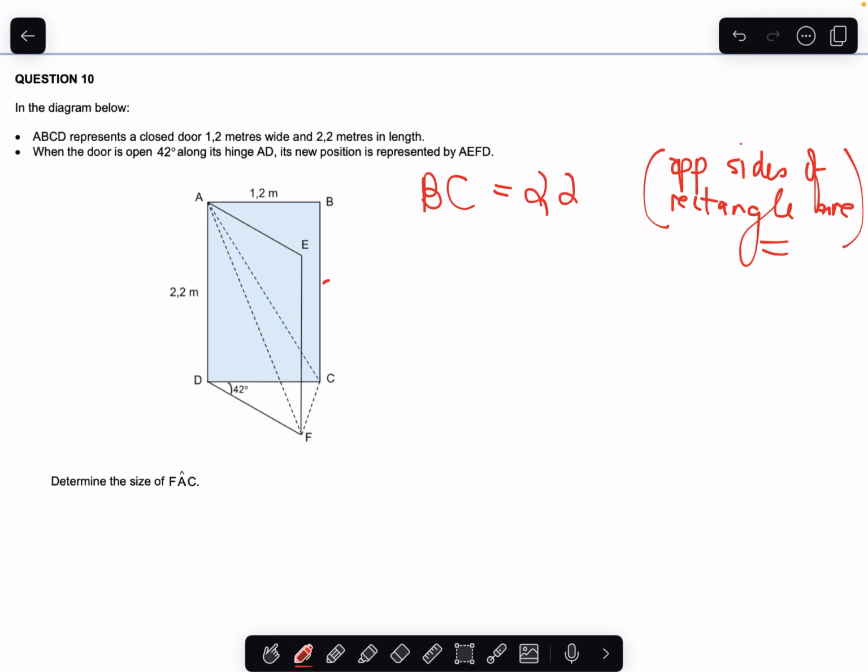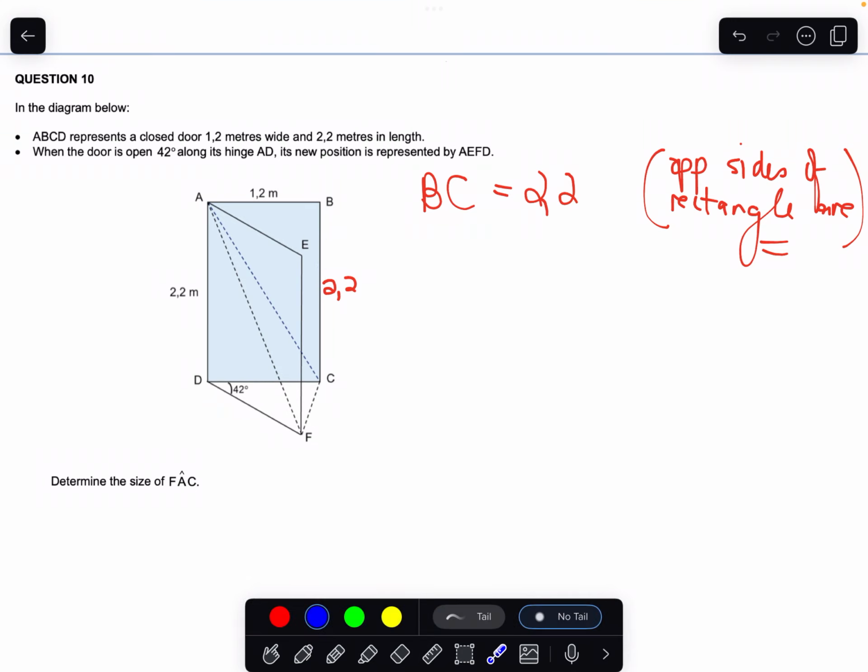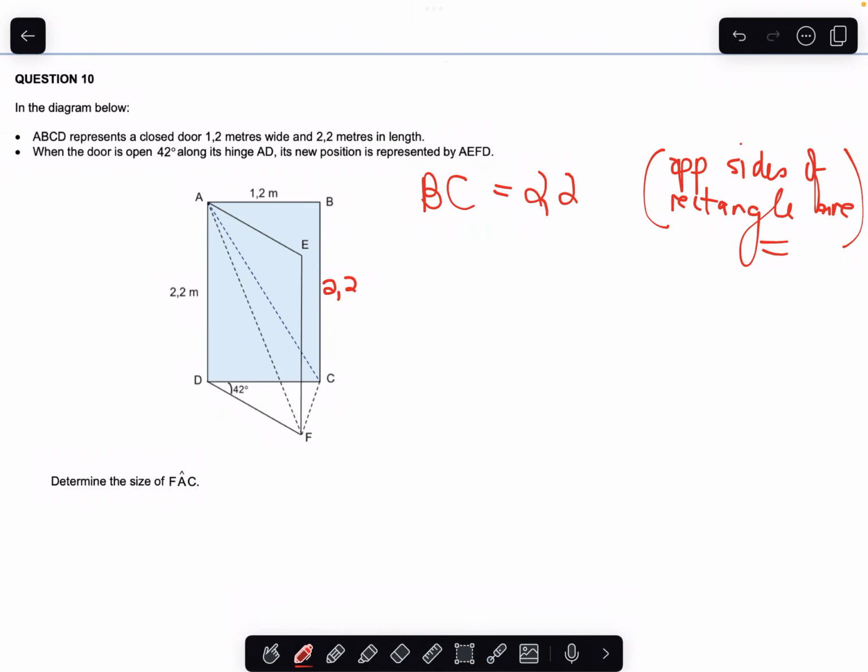So this is 2,2, and then we can use that to work out AC. They haven't told us explicitly this is a rectangle, but hey man, it is. So we're using that to make a whole bunch of interesting assumptions here.